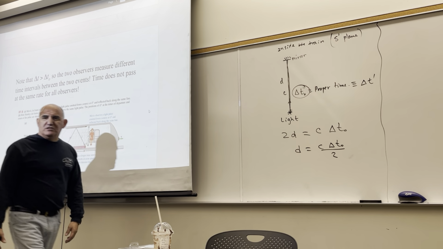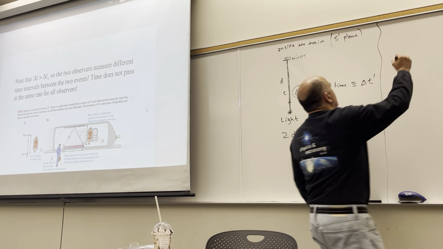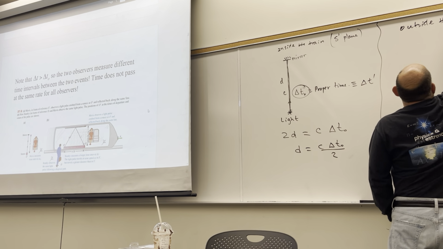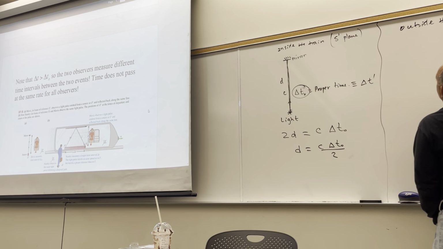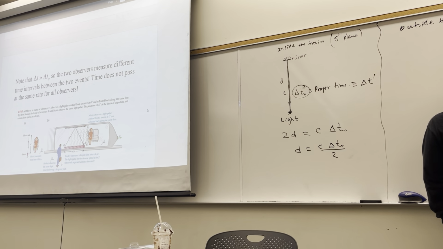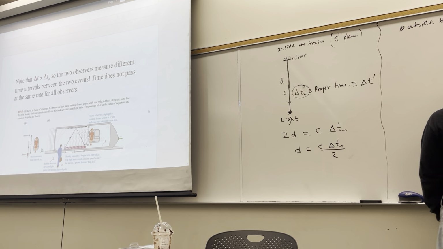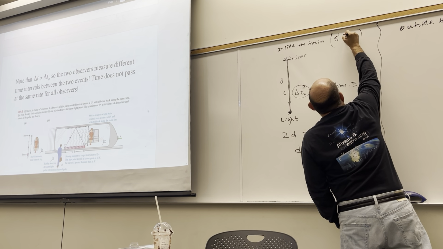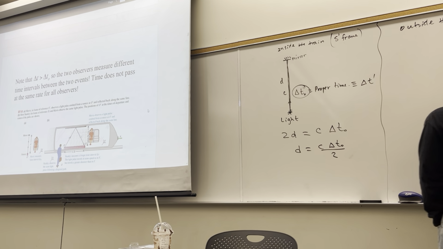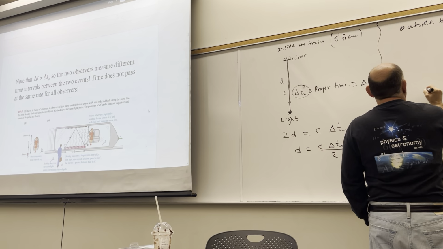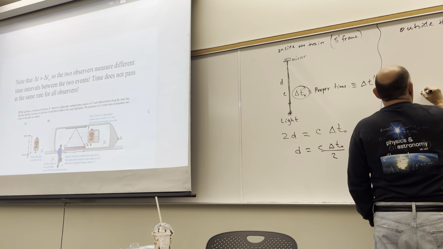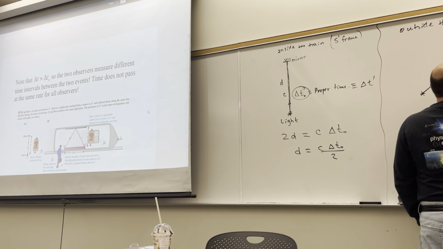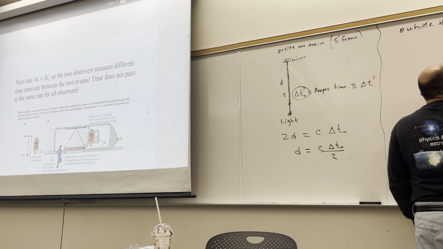So what does this person see? Let's say this is outside the train. This is the S frame. I wrote plane over here. So what that other person sees is the light starts over here, goes this way, hits the mirror, and then goes this way, and then it's received over there.